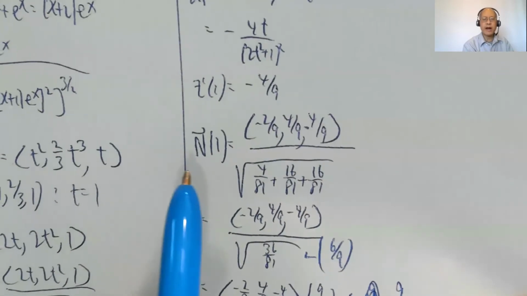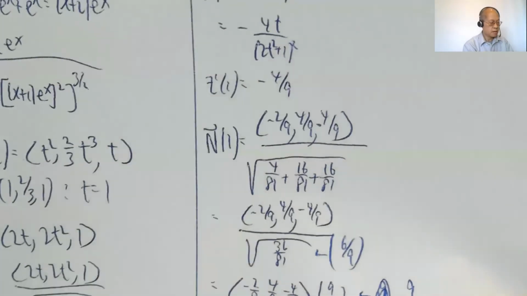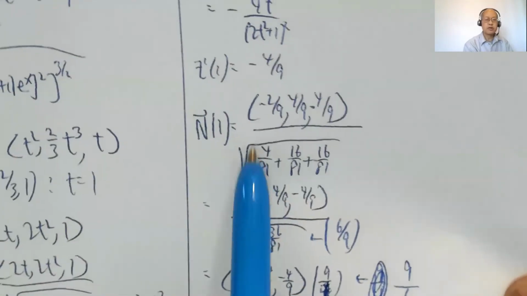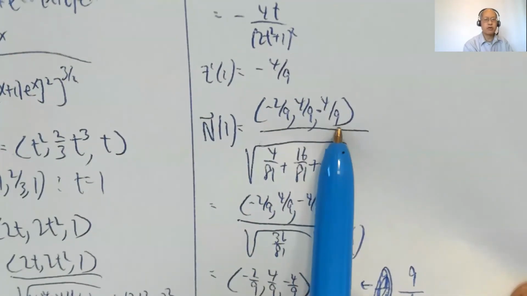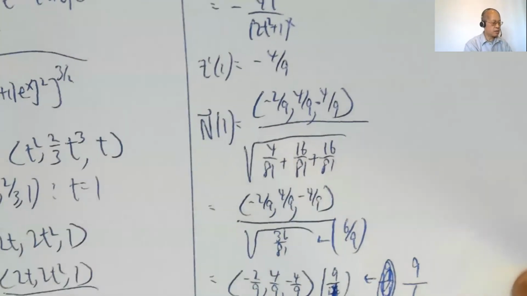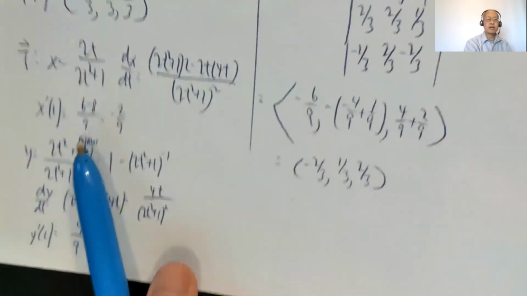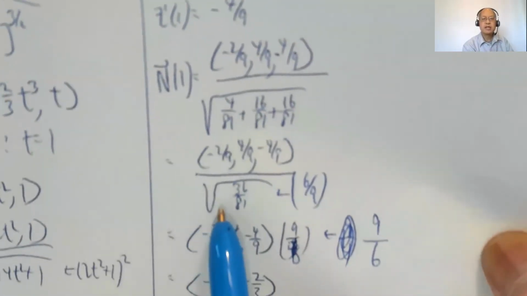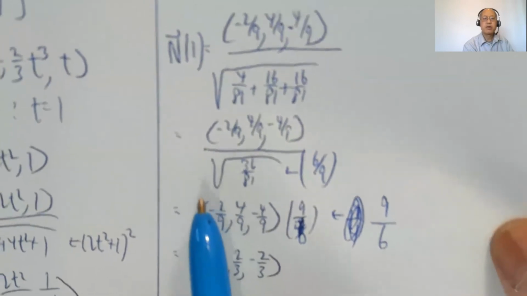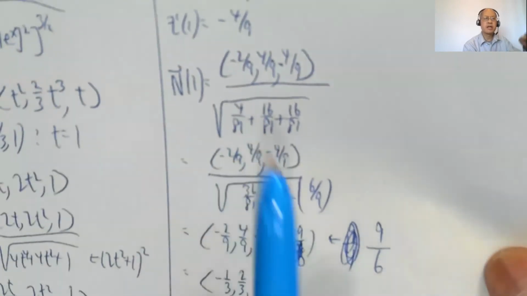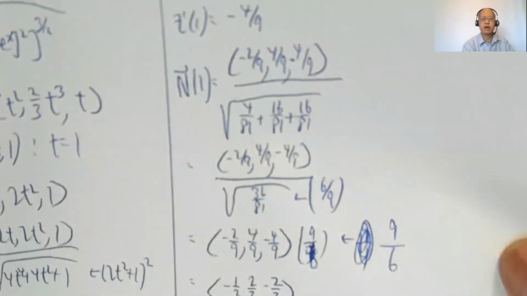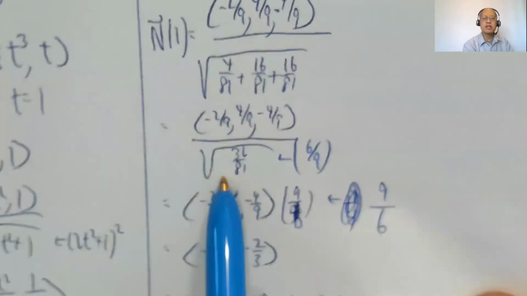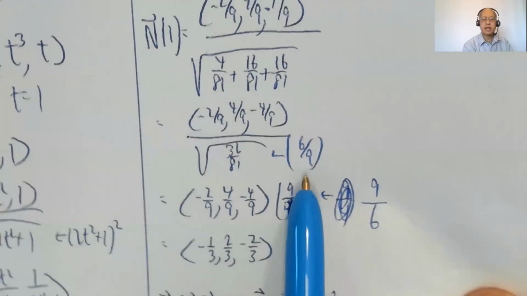So the unit normal vector is -2/9, 4/9, -4/9 divided by its magnitude. Okay, I had the tangent vector. This comes out to be the square root of 4/81 plus 16/81 plus 16/81, which is the square root of 36/81, 6/9.